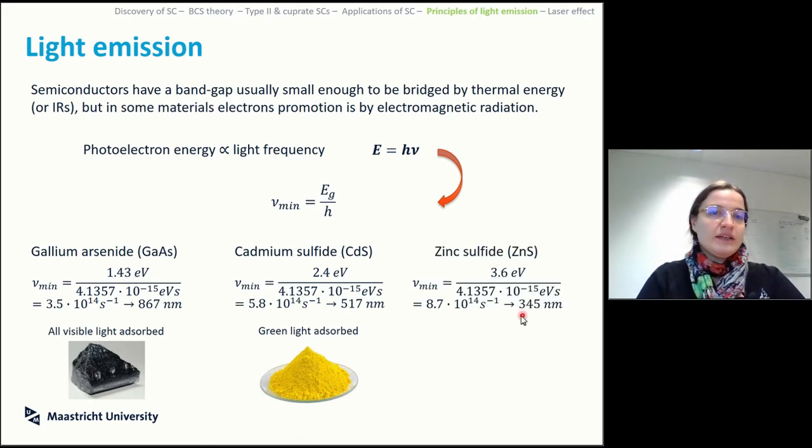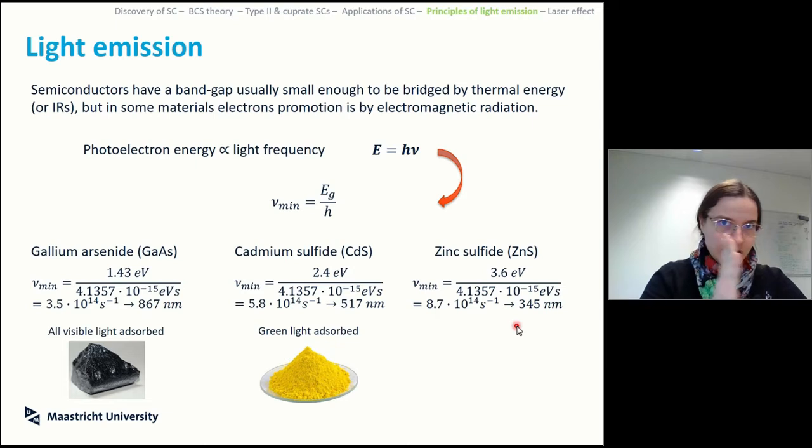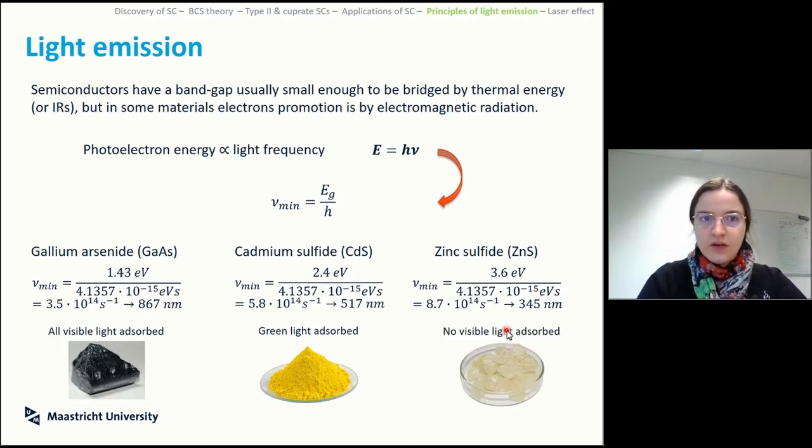When you go instead to something like zinc sulfate, the band gap is even higher, 3.6 electron volt, which corresponds to 345 nanometer of radiation. Now this is getting off the other side of the visible light spectrum, so no visible light basically gets absorbed. You're very close to the 400 bridge, so you almost get no visible light. Anything you get is a vaguely yellowish hue, but the material is fundamentally white, and this is what you expect to get.